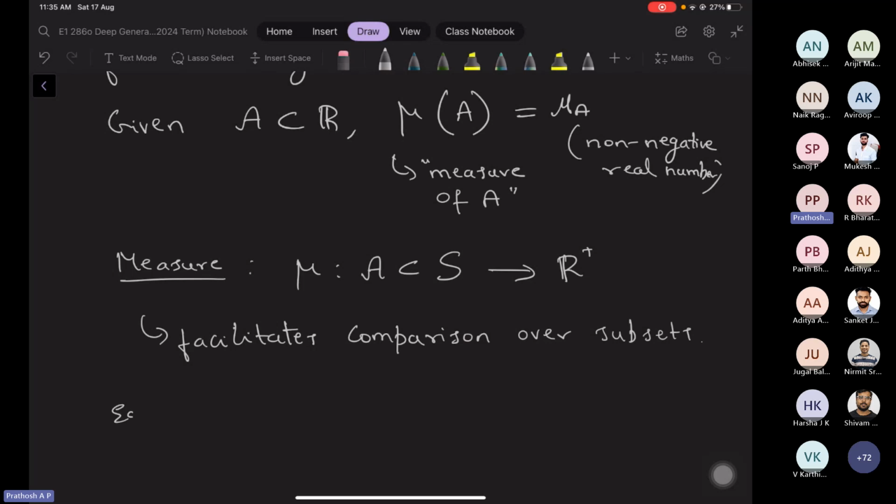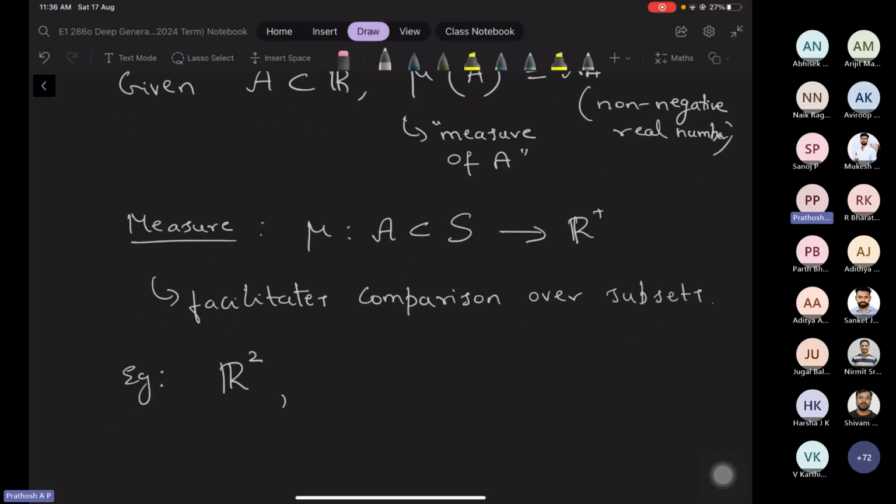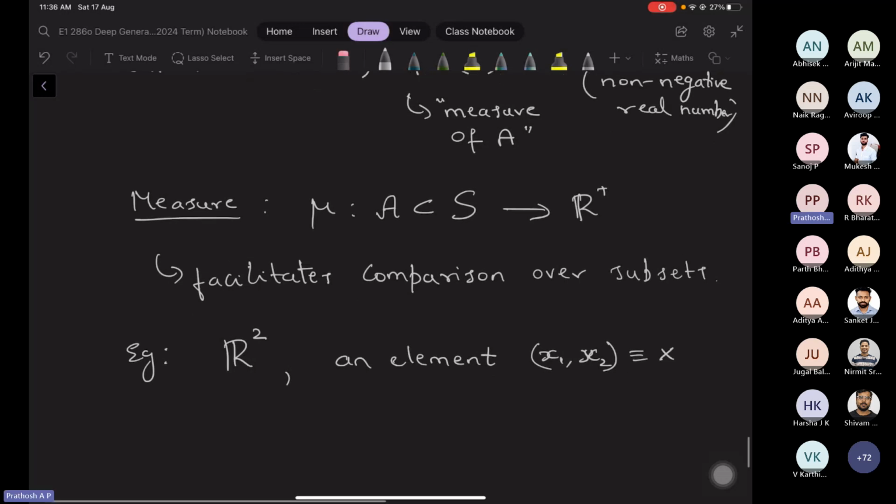Okay. Let me give you another example. Let's say that our set is R2, the two-dimensional vectors. An element in R2 is represented as x1 comma x2, which I write as capital X. Okay, this is an element.